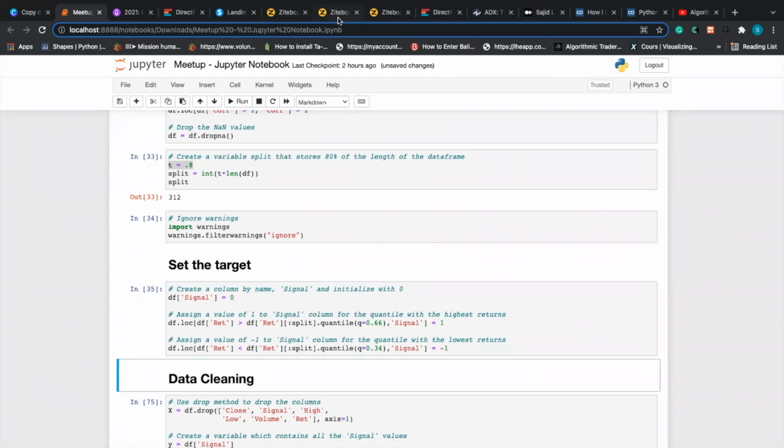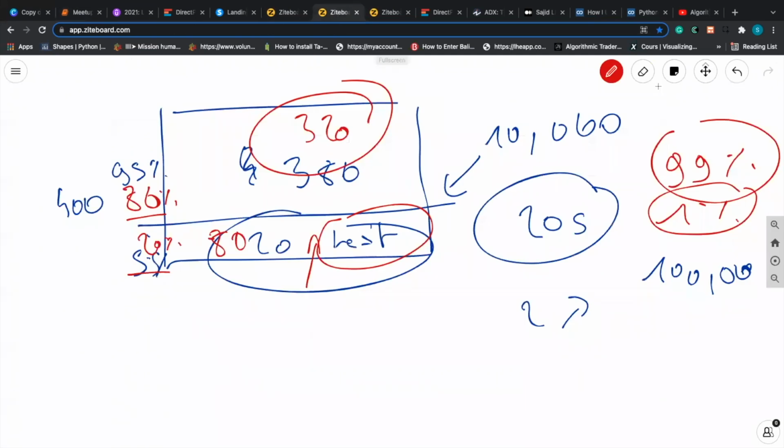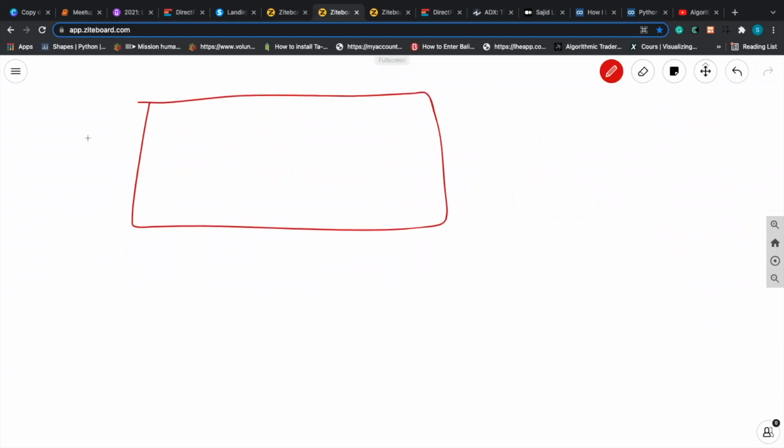Essentially, what we have just done right here, we got our data sets. We got the first 312 rows, and the last extra roughly 80 rows.